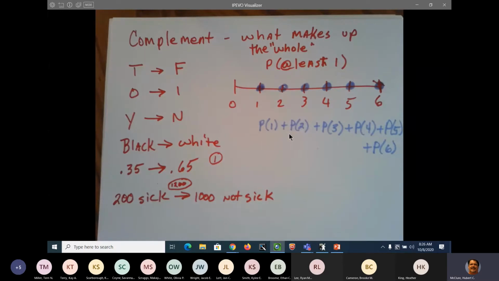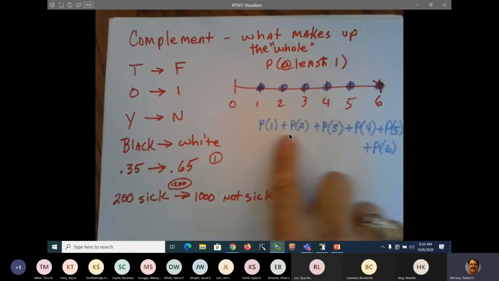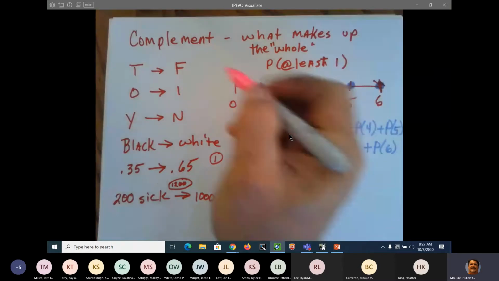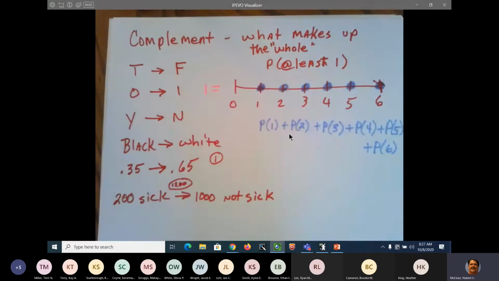So anyway, what would be the easiest way to do this problem? Instead of doing this, what could I do to make it a whole lot easier on myself? Well, the probability of all these numbers is equal to 1, right?